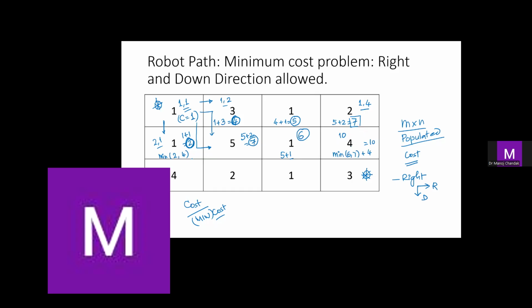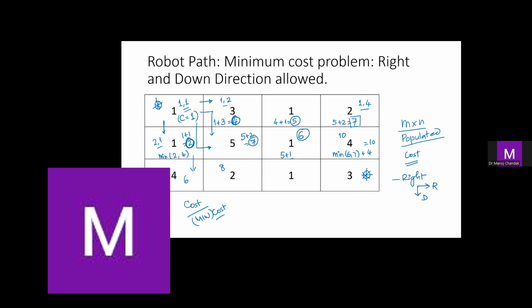Here the cost of traveling to this cell will be 2 plus 4 is 6. And then we can take again the minimum between 6 and 7. So we'll write here 8, because 6 plus 2 is 8.